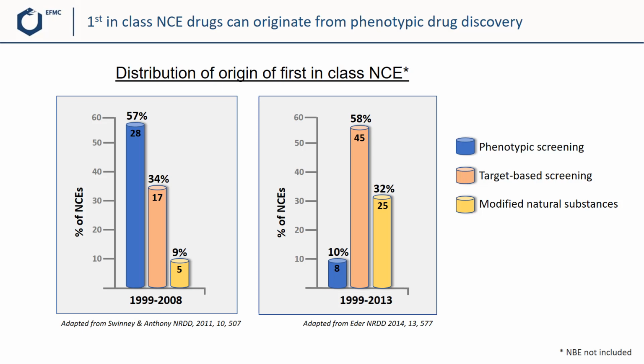On the other hand, an analysis of a longer time span, including later years, shown on the right, revealed that phenotypic drug discovery has had a much lower impact overall during that referenced time span, in terms of approved small molecule first-in-class drugs. Now, there are several reasons to explain the shift over the years.